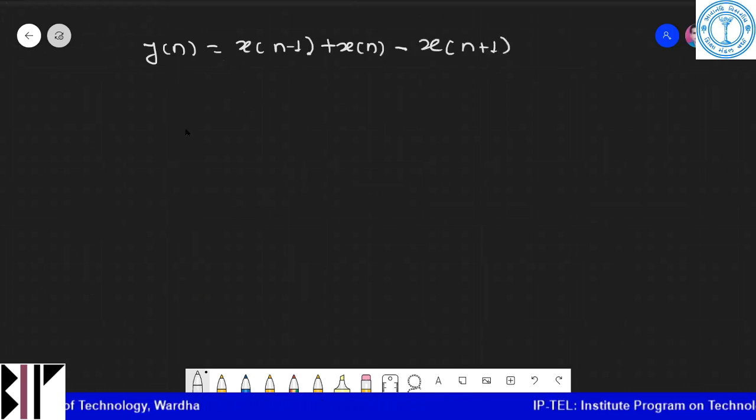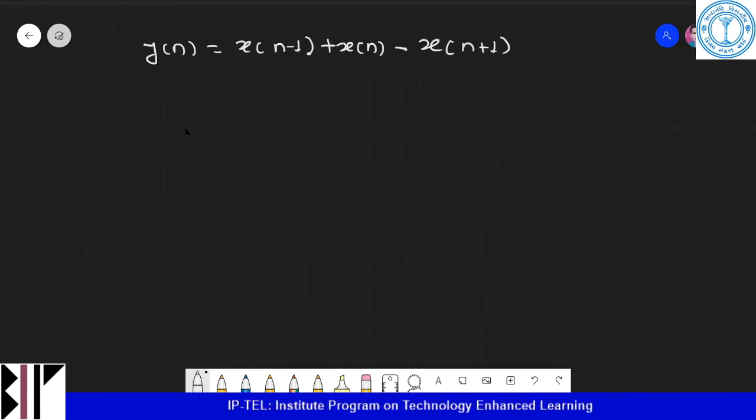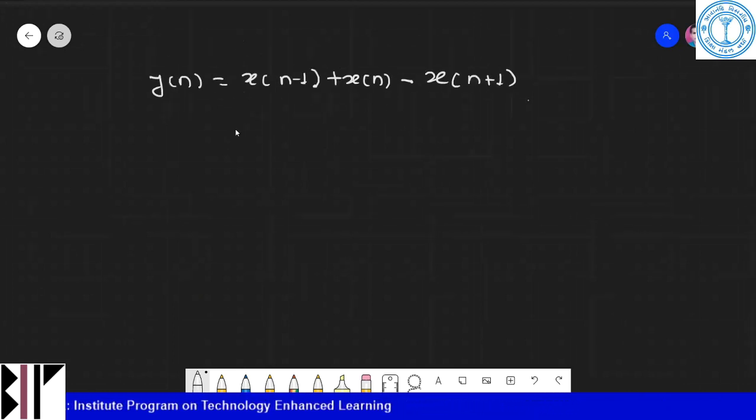So y of n has been given, so you have to calculate it as x of n. I will write x of n again, as above.